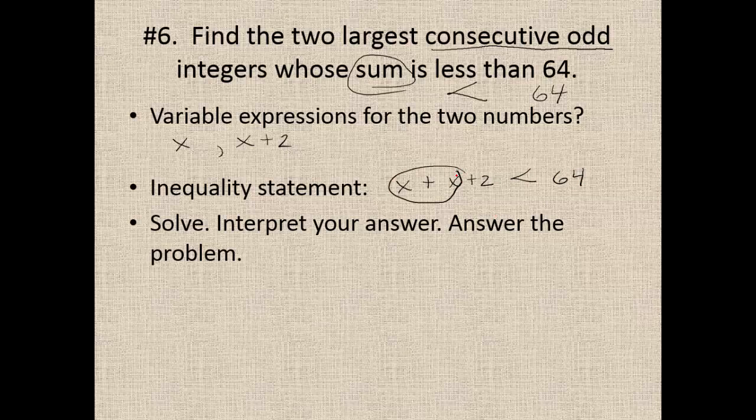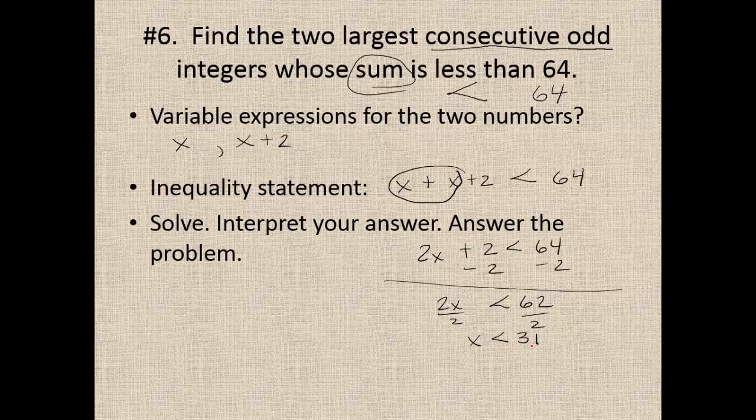So I'm going to add those two together. So 2x plus 2 is less than 64. And if I subtract 2 from both sides, 2x must be less than 62. And so if I divide by 2, I find that x has to be less than 31. It can't be 31, it has to be less than 31.